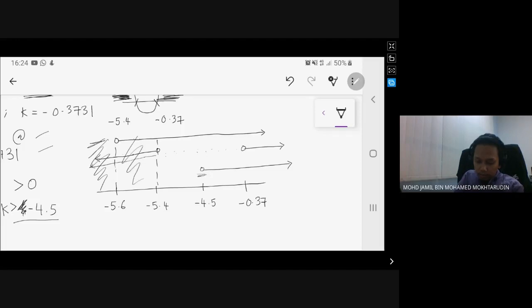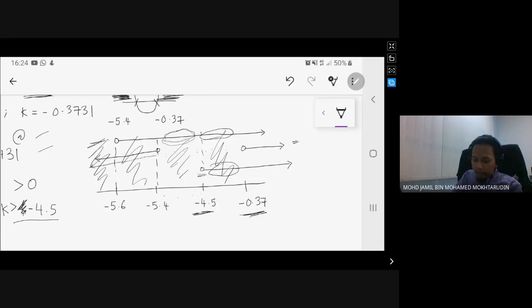So not this one. And then the next range is in between minus 5.4 and minus 4.5. So only two lines intersected. This one, only this line intersected. So not this range. And from minus 4.5 to minus 0.37, you get only two lines intersected, but not this line. So not this one as well.